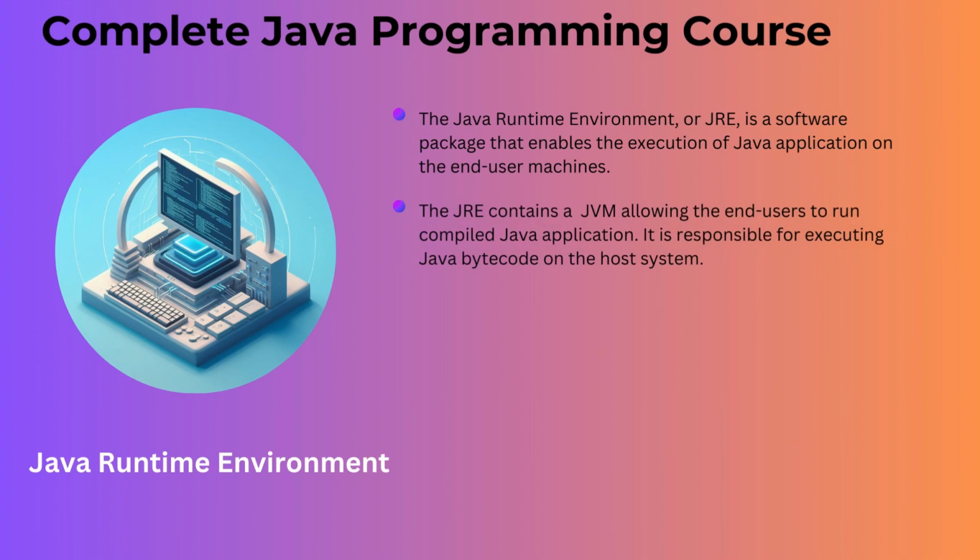It is responsible for executing Java bytecode on the host system. So when the host, that is the end user, has the JRE on their computer, they will be able to run Java applications. But it needs the JVM, so the JRE comes with the JVM inside of it.